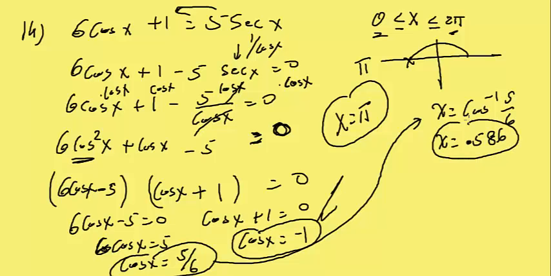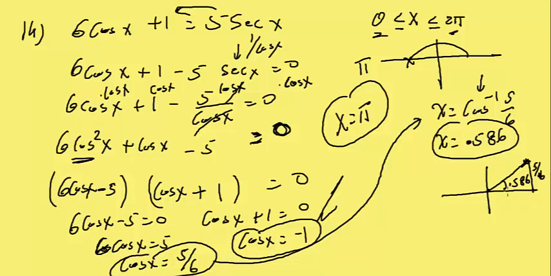Be careful, your calculator only gives you one answer because cosine inverse only exists in 2 quadrants, but we're going all the way from 0 to 2 pi. At this angle, 0.586, cosine is going to be 5 over 6. So that's my positive value.